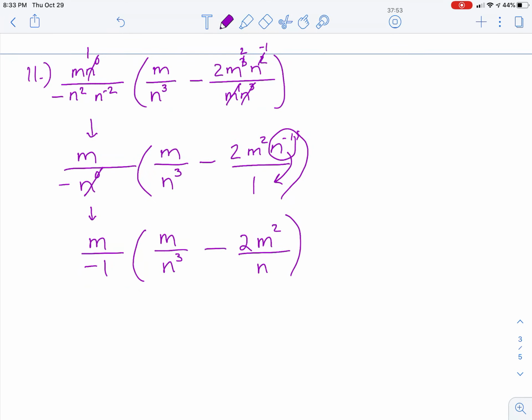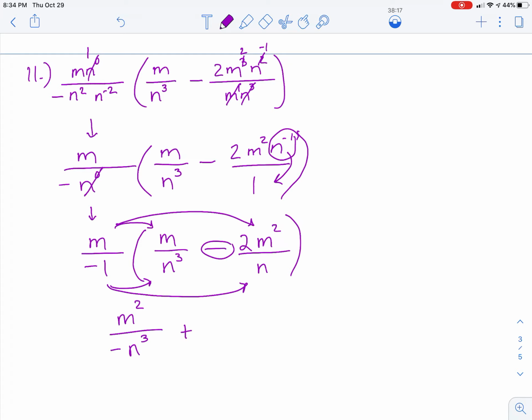Okay? The next step, we can go ahead and multiply these out. So I'm going to distribute. So the first term would be m times, distributing this right here. So I'm going to have m squared over negative n to the third power. And I'm going to do the same thing to this term.